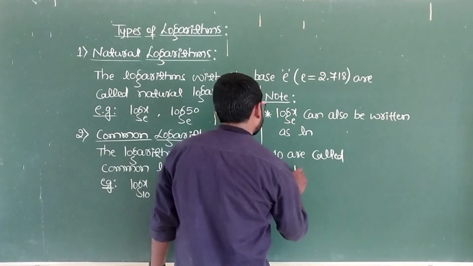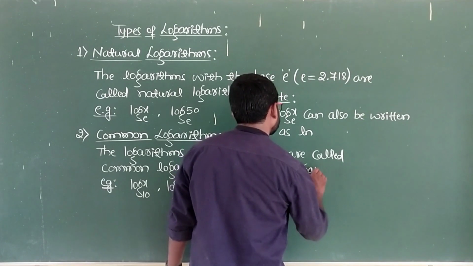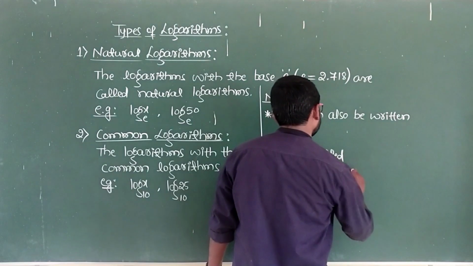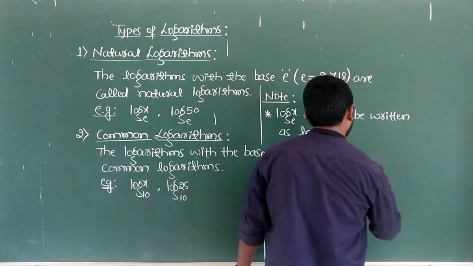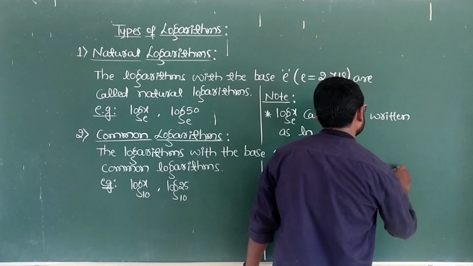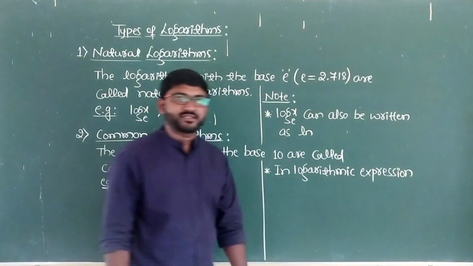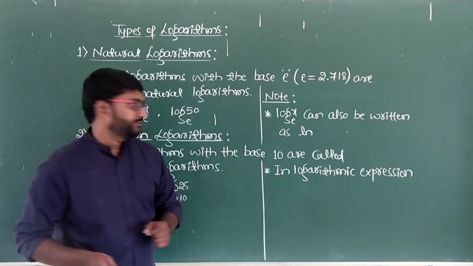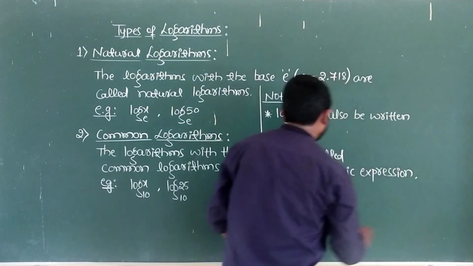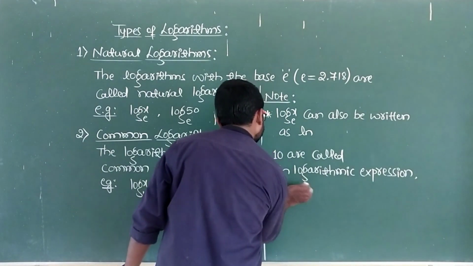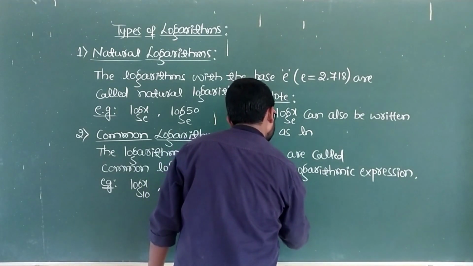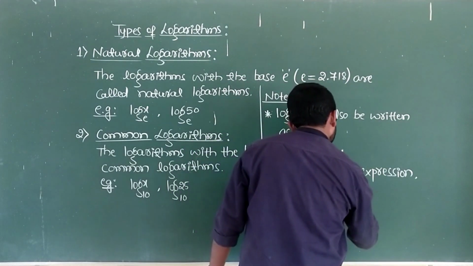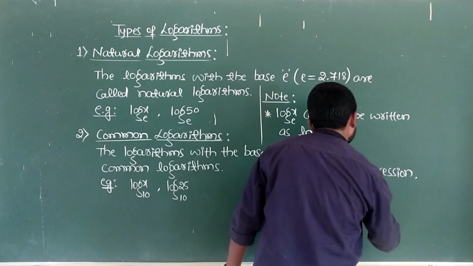In a logarithmic expression, when the base is not mentioned, it is usually taken as 10.